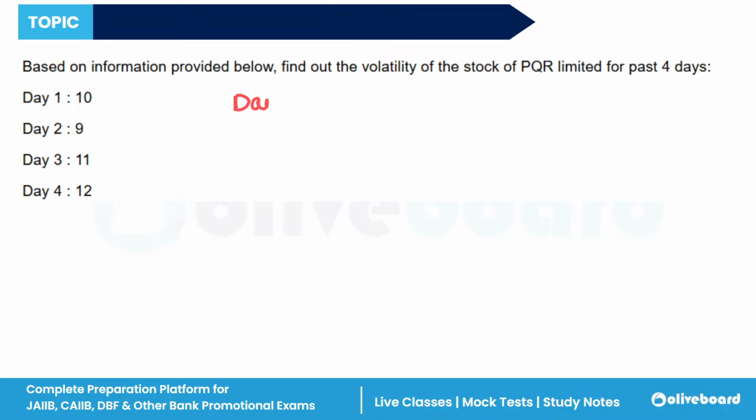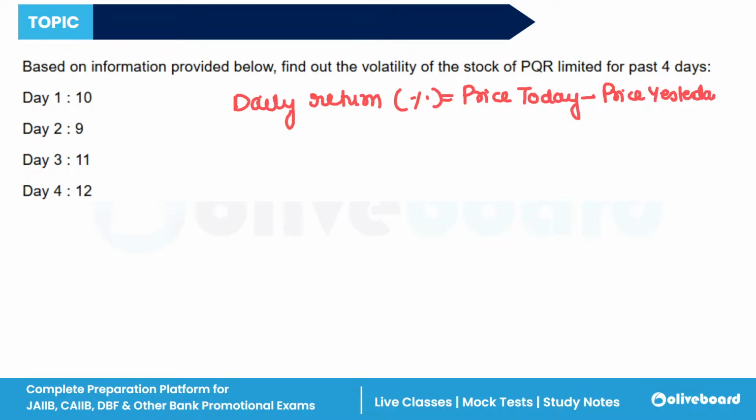We have to find the daily return in percentage, so take the price of today, deduct the price of yesterday, divide it by the price of yesterday, and then multiply it by 100.